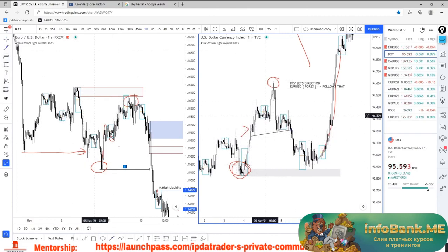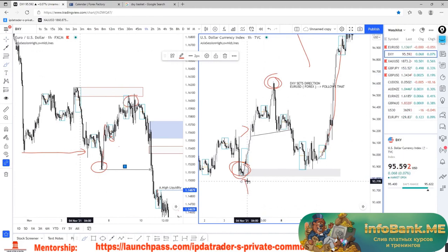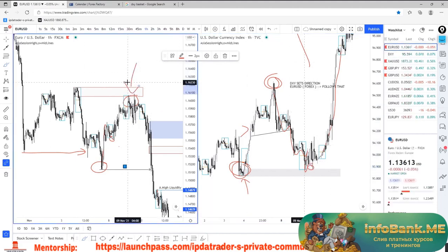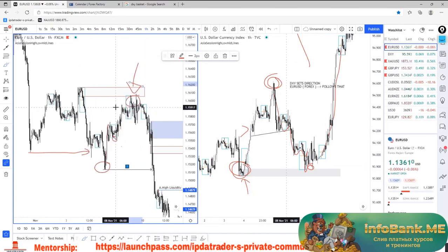The expansion that we can see over here, the creation of that new high, right? The establishment of this potential higher low and the retracement that is potentially coming to an end as we're trading into the block.